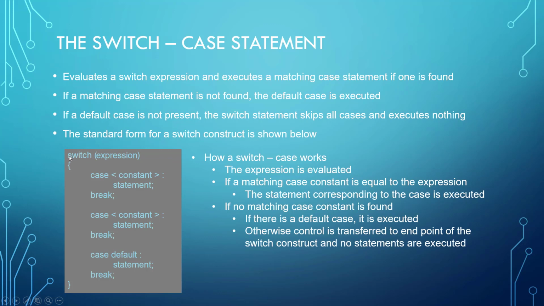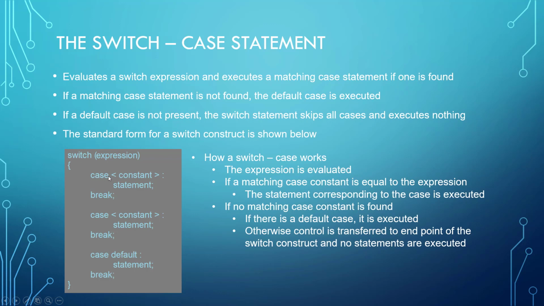So we have the word switch, this is a keyword, and then in parentheses we have an expression. And we then have a block of code, a block signified by these brackets, associated with our switch statement. Inside of that particular code block, we put our cases.